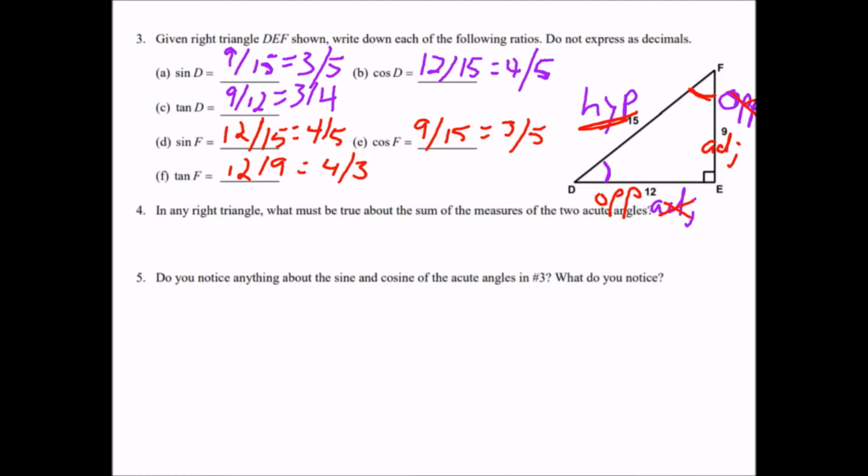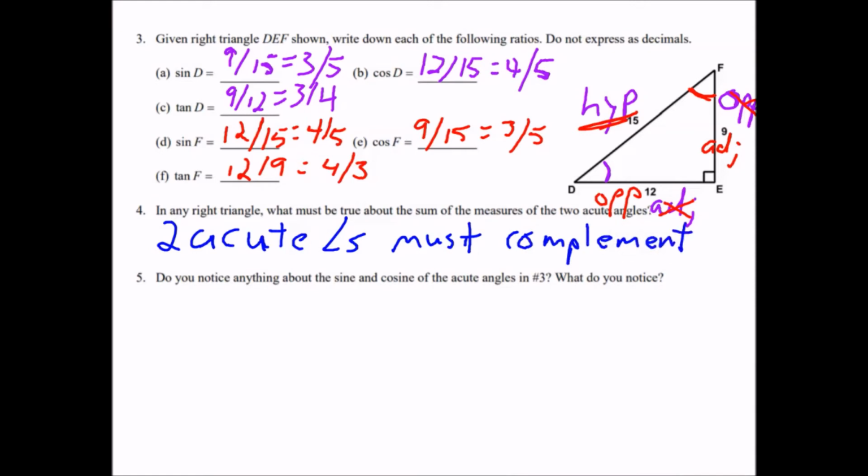So that must mean that the two acute angles must be complementary, which, if you wanted to get very specific, means that they add to 90 degrees. That way, those two put together equaling 90, and then the 90-degree angle would equal 180 degrees in total.